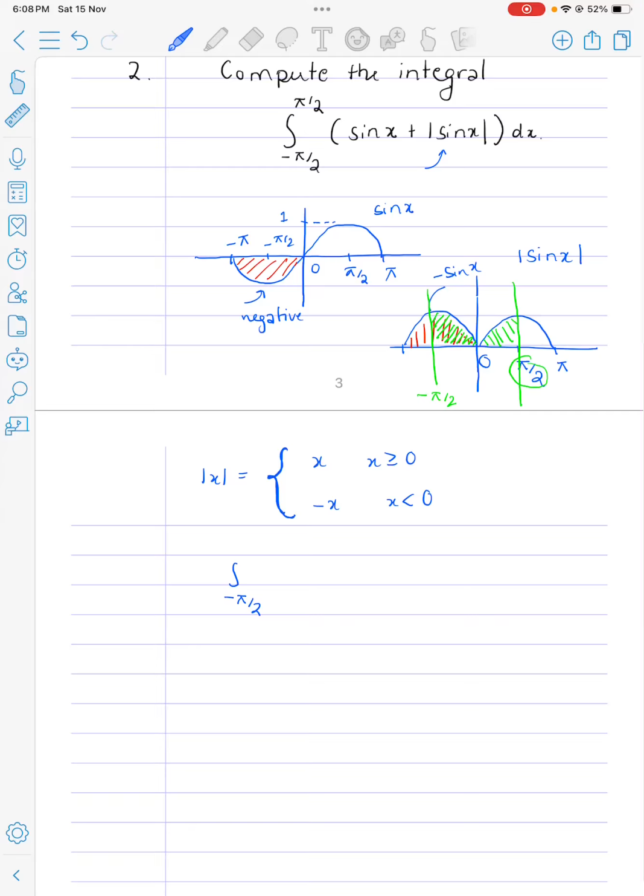Integral from minus pi by 2 to pi by 2 of sin x plus mod sin x dx. I can write it like this: from minus pi by 2 to 0, and then from 0 to pi by 2 of sin x plus mod sin x dx.